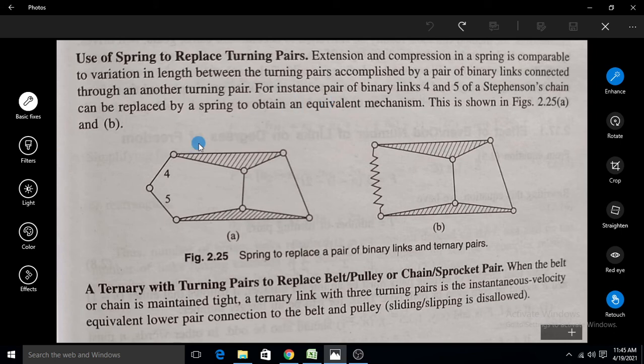For instance, the pair of binary links 4 and 5 of the Stephenson chain can be replaced by the spring to obtain the equivalent mechanism. Means to obtain the equivalent mechanism of figure A, we can replace these two turning pair by using the spring.